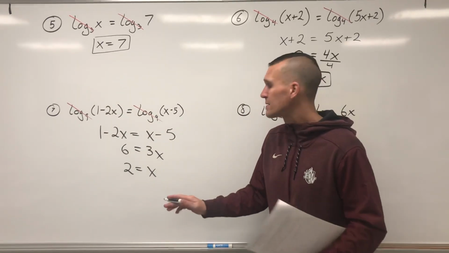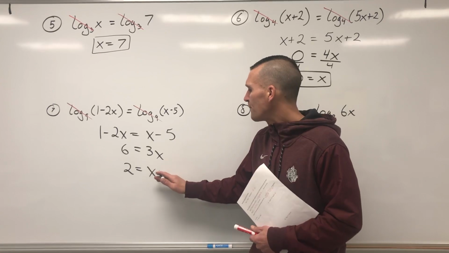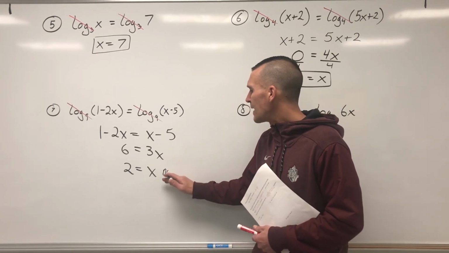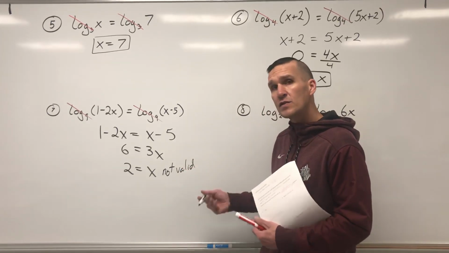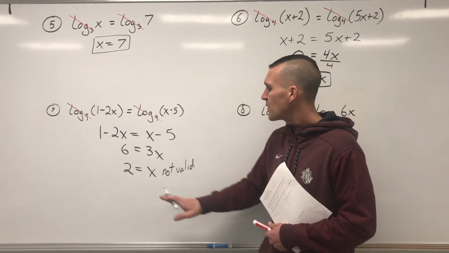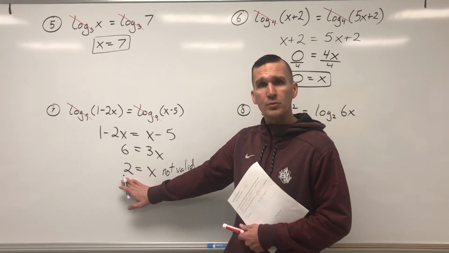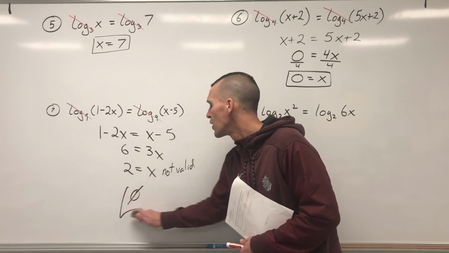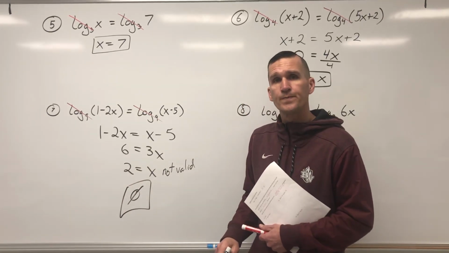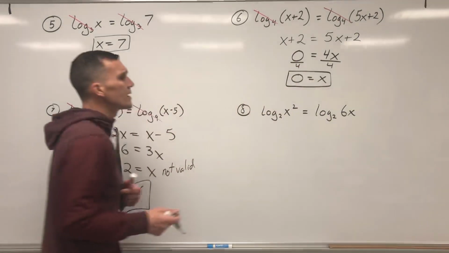It has to be a positive number. So we say that it is not valid. We can call it an extraneous solution from previous sections. But since the only answer I got algebraically is not valid, I say that there is no solution to that equation.